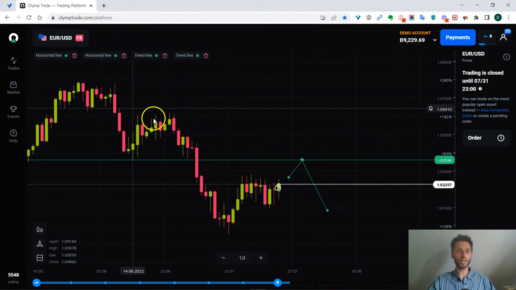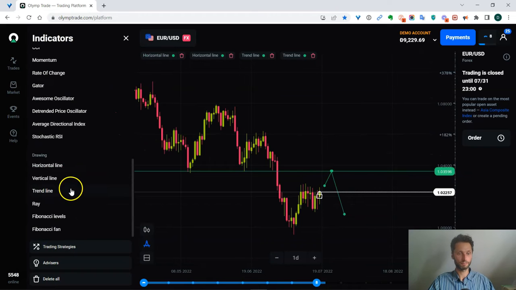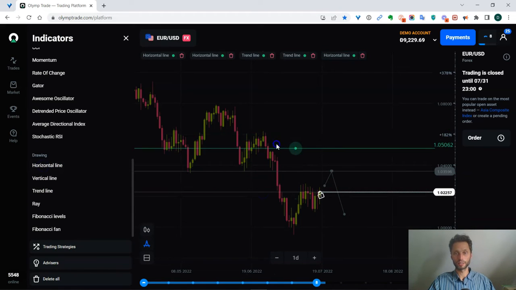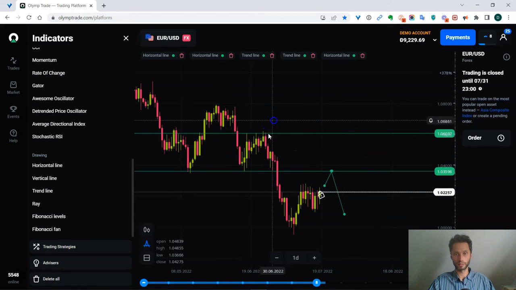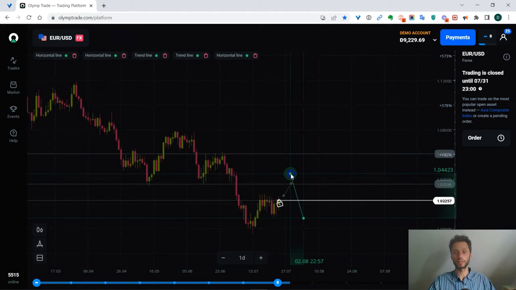Now, the other thing to bear in mind is that if the market continues higher, let me just do another horizontal line, and it breaks a significant high, and the significant high will be this high right here, that previous swing. That break in the structure of the market would indicate that we're in fact heading higher, not lower.